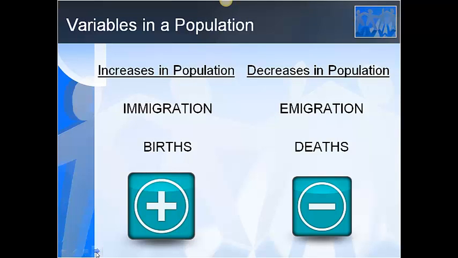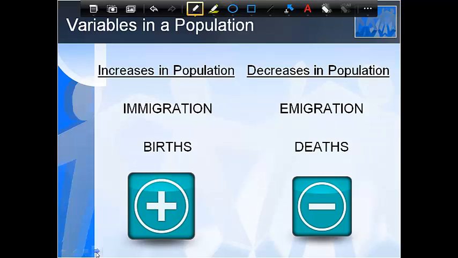Emigration, which is the opposite of immigration, is organisms moving out, leaving the population, moving from one area to another as far as the geographical location goes. Also, obviously, deaths can decrease the population. For whatever reason they may die, it's going to decrease the overall population.